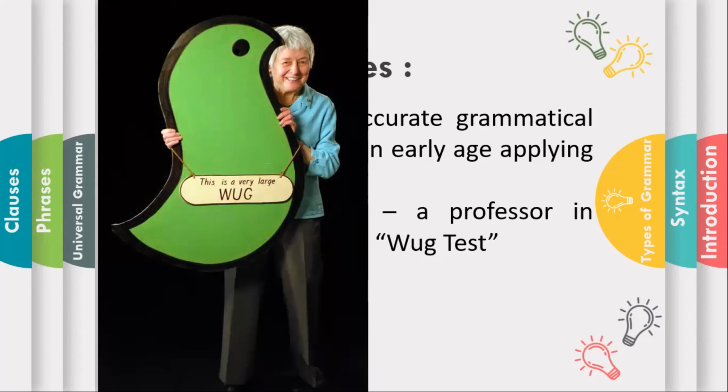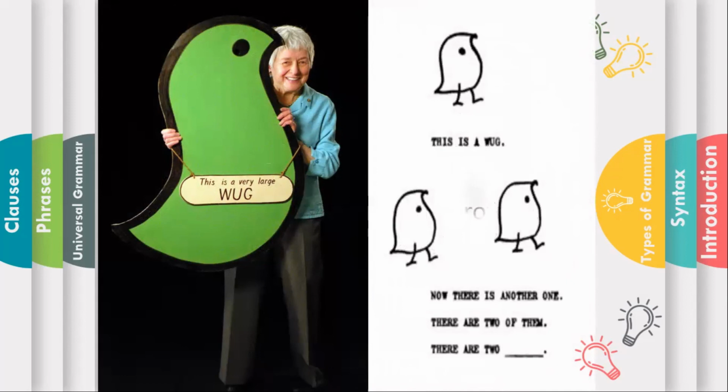At first, the child was shown a picture of one creature and told, "This is a wug." Then they were shown a picture of two wugs, and the children were asked to complete the sentence, "Now, there are two ___." So children aged 3 and 4 replied "wugs."